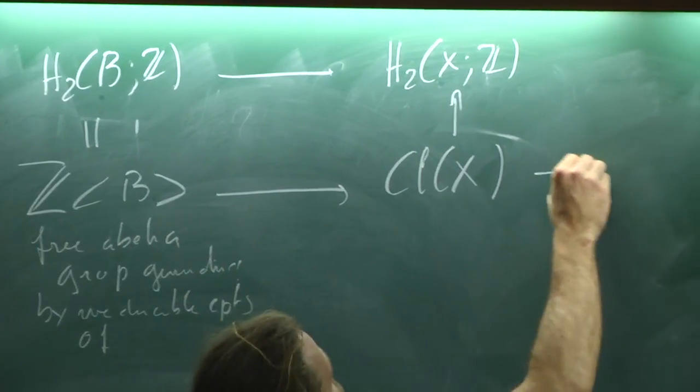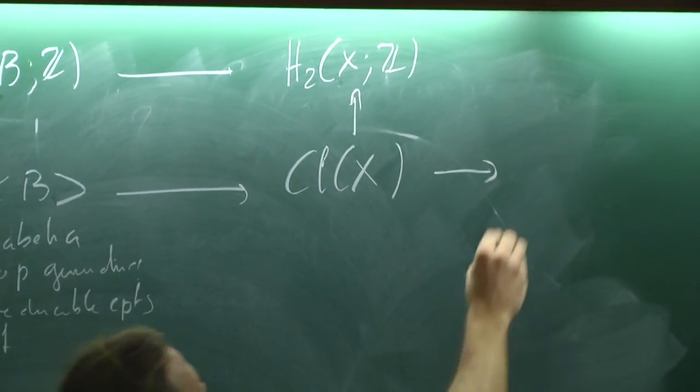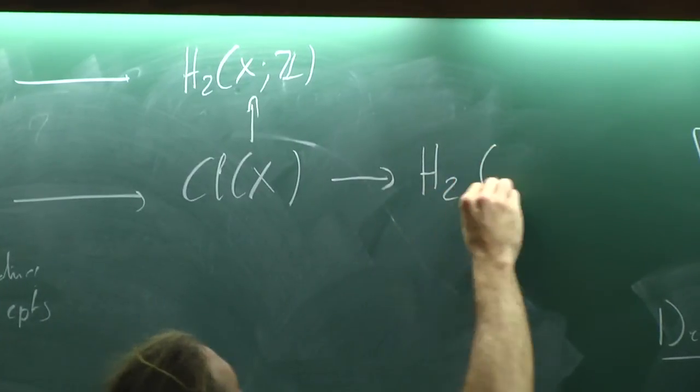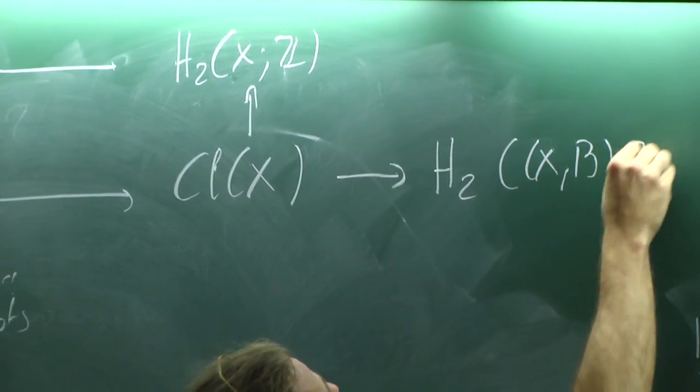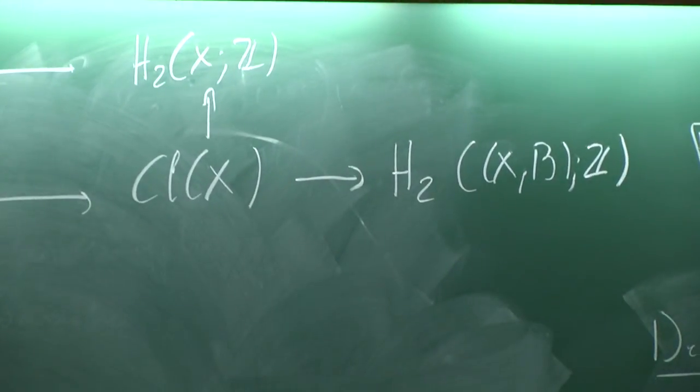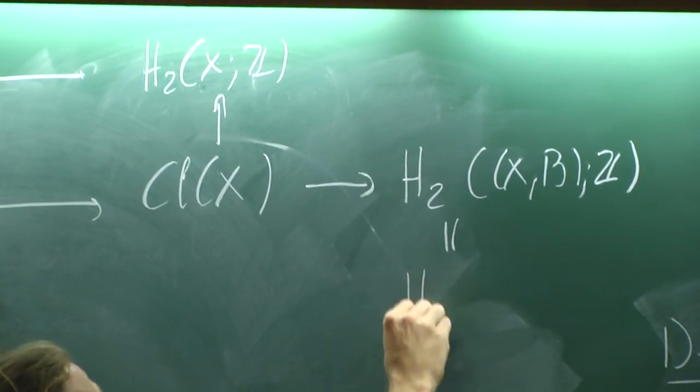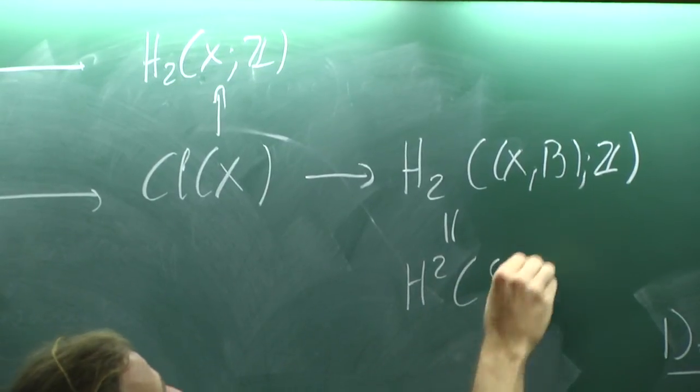And what you should get here, if I'm not mistaken, is H2 of (X, B), Z, which by Poincaré-Lefschetz duality is the same as H2 of the complement, which is S, right?